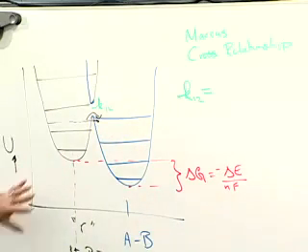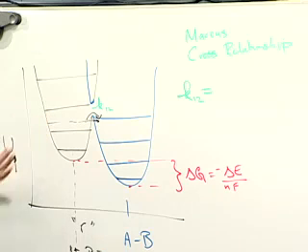Now, there's a very similar scheme to this that one could draw, and it's a kind of boring reaction, but what happens if instead of having a B over here, we have an A over here? So it's A plus A going to A plus A plus, the self-exchange reaction.